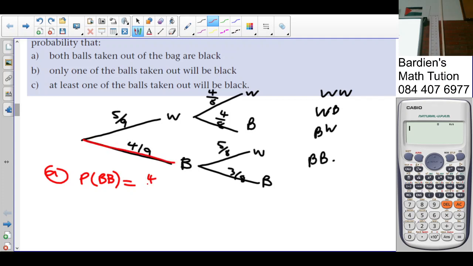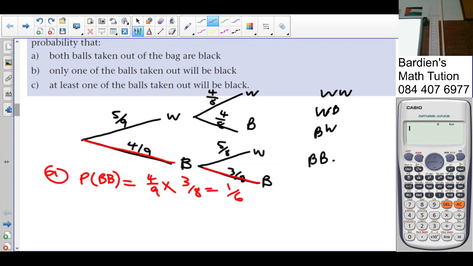It's 4 over 9 times 3 over 8, which is 1 over 6. You all agree with that?